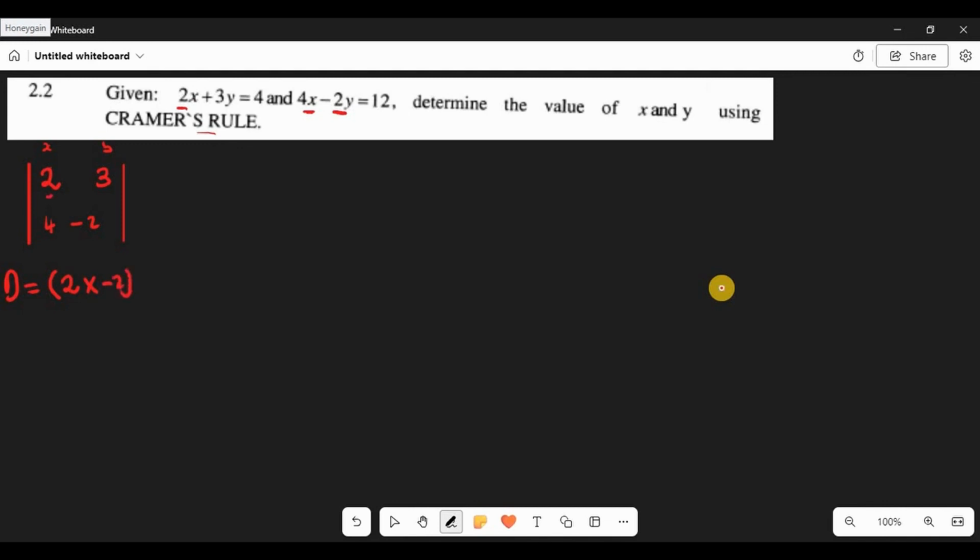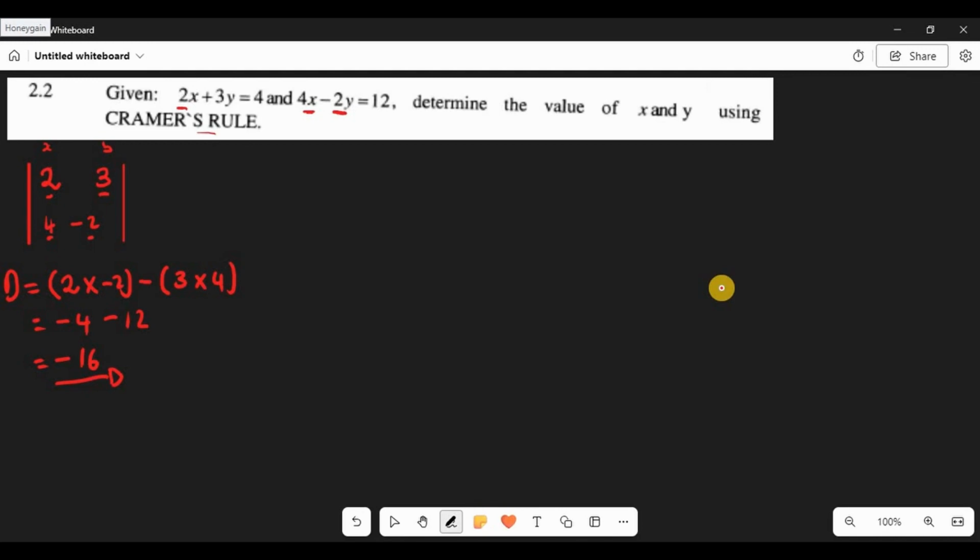So this 2 here and that negative 2 multiply each other, minus the second term on the second column multiplied by the first term on the first row, which is 4. That is like that. So it's always minus like that. So the determinant here, when you do this, this is gonna give you negative 4, and that is gonna give you negative 12. So all in all, this is gonna give you negative 16. So this is your determinant.